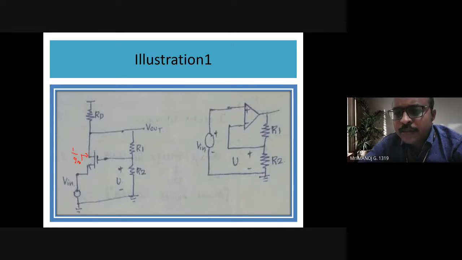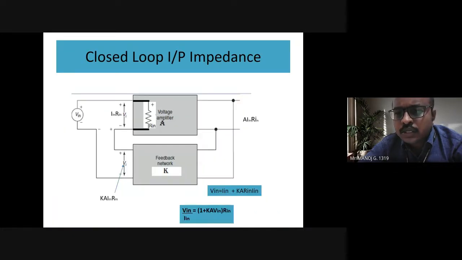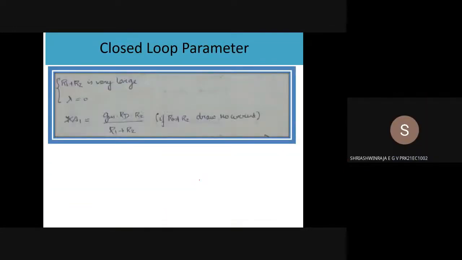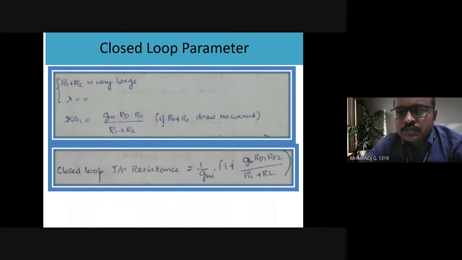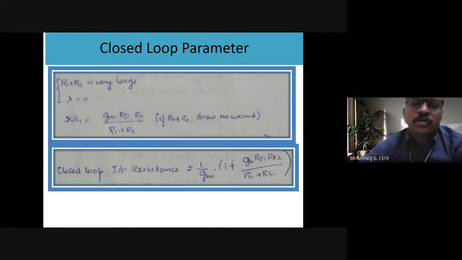I think the rest of the parameters are all known to you. You know the expression for your V in, that is nothing but 1 plus K A, which you already know. Then just substitute. I think you should get something like 1 plus Gm into Rd into R2 divided by R1 plus R2.